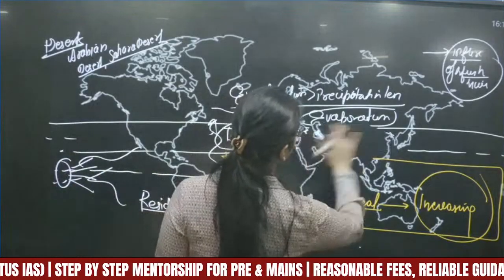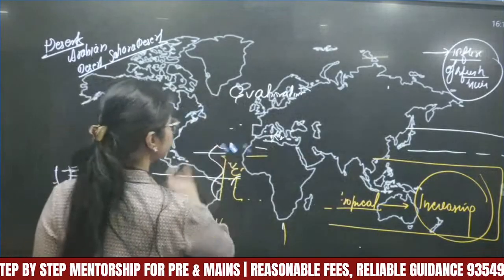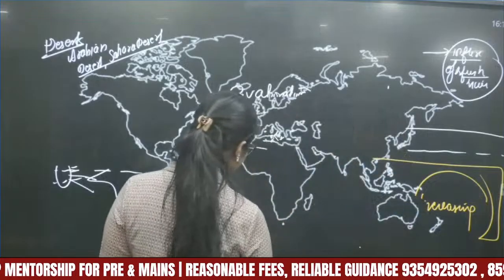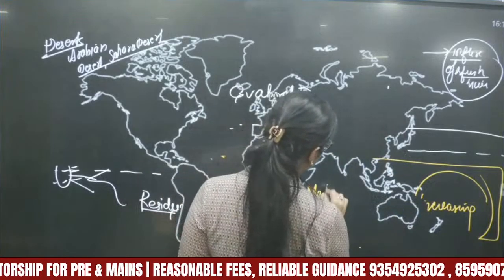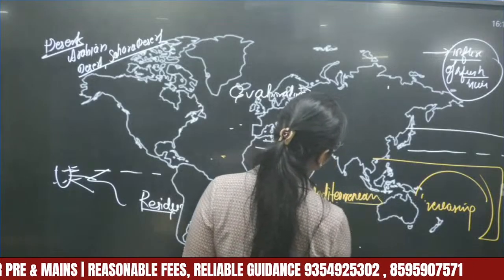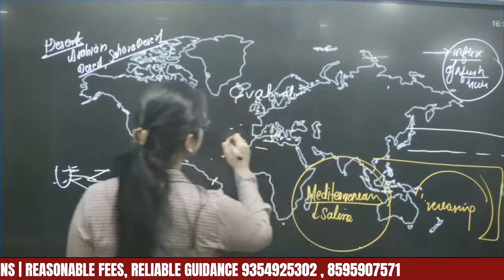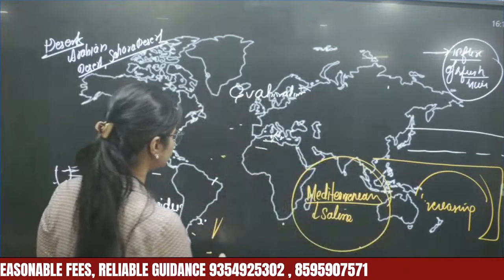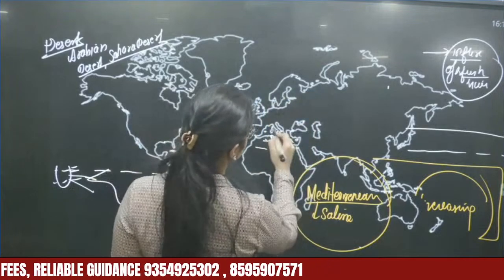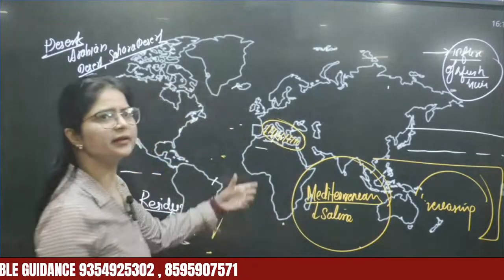if I talk about another example, you can write the example of the Mediterranean Sea. The Mediterranean Sea is highly saline in nature. They are highly saline, although they have some kind of influx of water bodies here. This is the region, right? But they are highly saline areas.